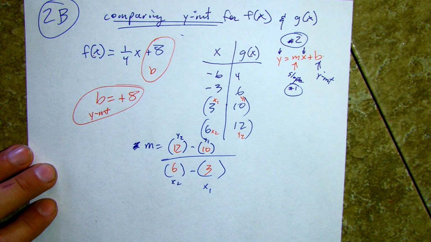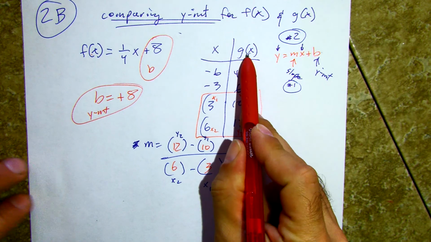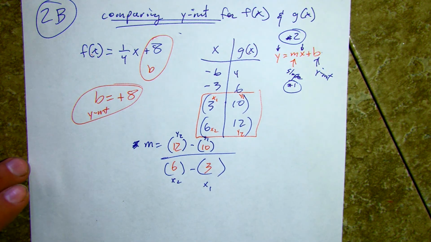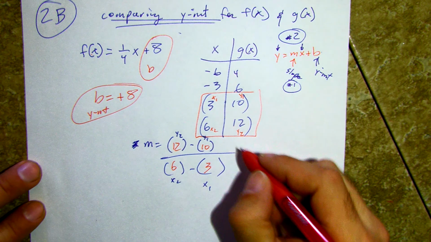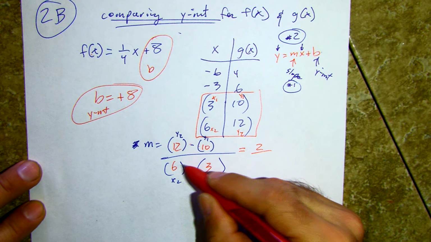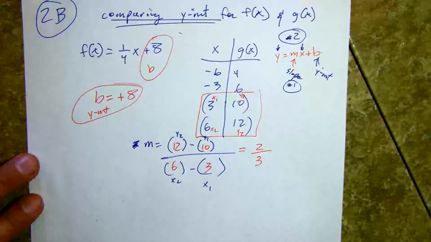I'm using the points that they give me in the table because I know that they represent what's happening in g of x. So now all I need to do is 12 minus 10 is 2, 6 minus 3 is 3. 2/3. So I got my slope.